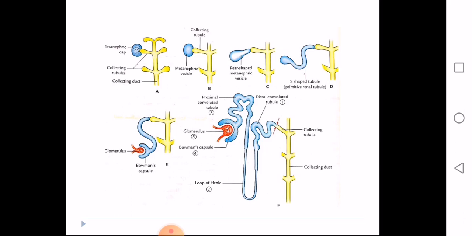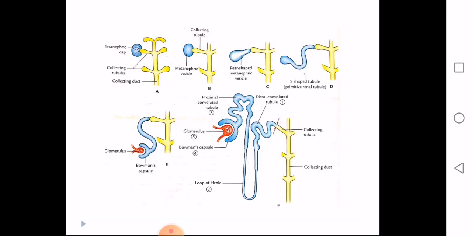Now look at the second diagram. This metanephric cap will then be converted into a metanephric vesicle. Now look at the C and D diagrams. Look at the shape of the metanephric vesicle. It becomes pear-shaped, then it becomes S-shaped.